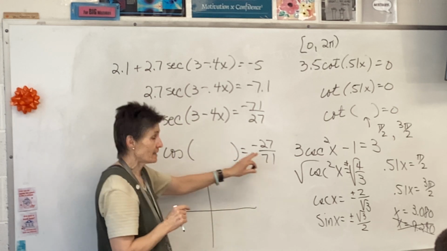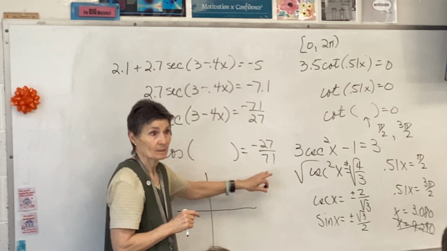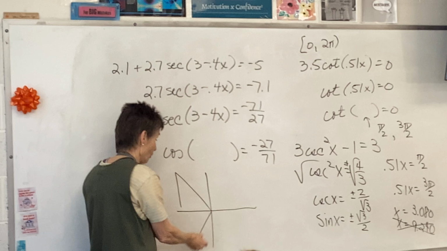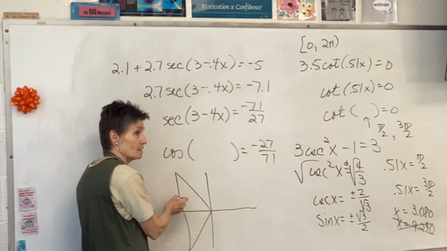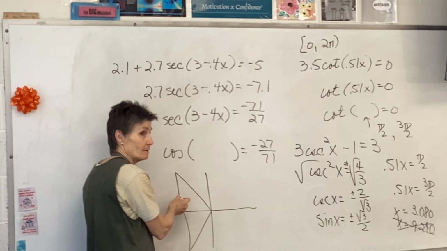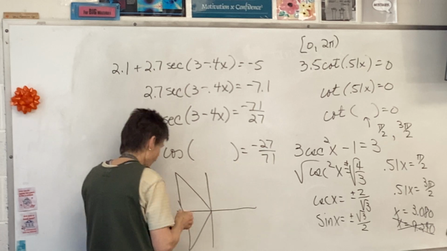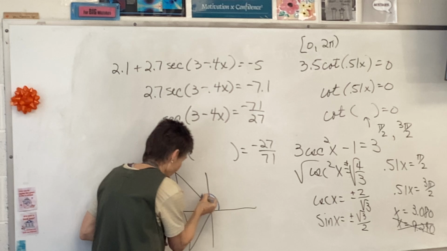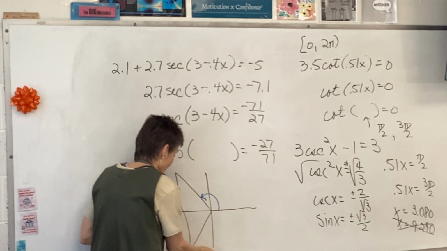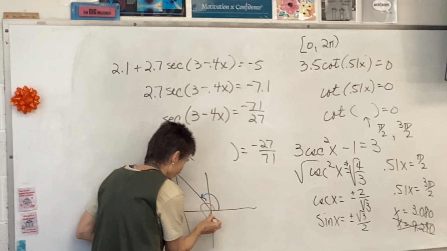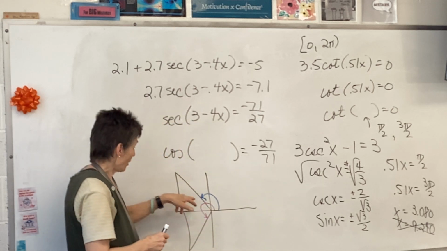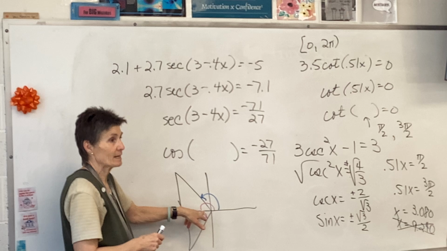If the cosine is negative, it will be over here or over here, right? Now, the angles I'm looking for are this one and this one. And both of those are going to hinge on whatever that angle is right there.